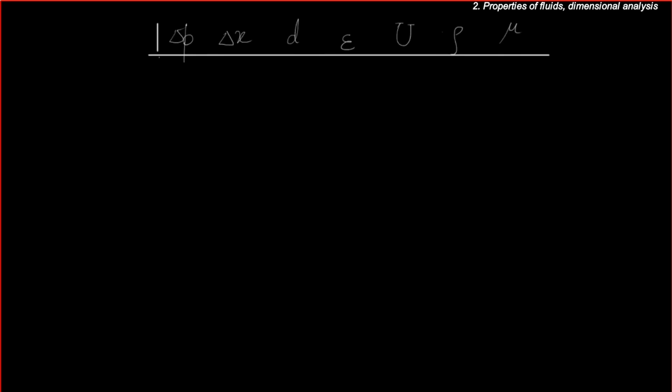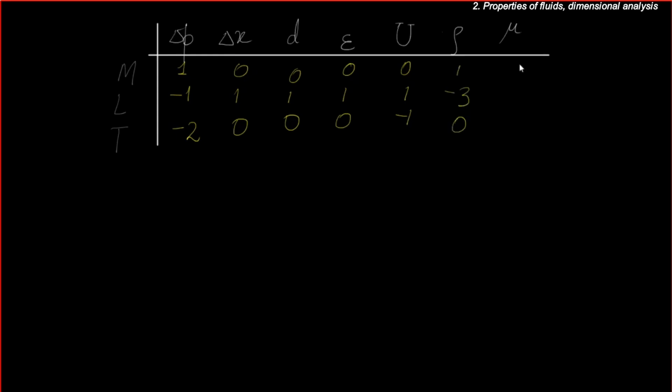The diameter of the pipe is d, the average velocity is capital U, the length of the pipe is delta x, the roughness of the surface of the pipe is denoted by epsilon, and we want to know the relationship between the pressure drop and all the various terms. The other two important fluid parameters are fluid density and fluid viscosity. So it is very important to first assess all the various physical parameters arising in the problem.